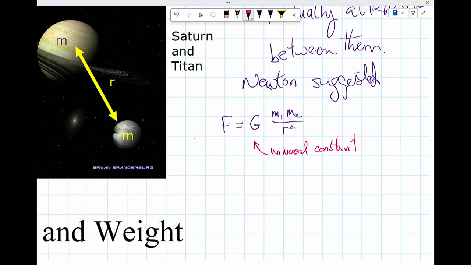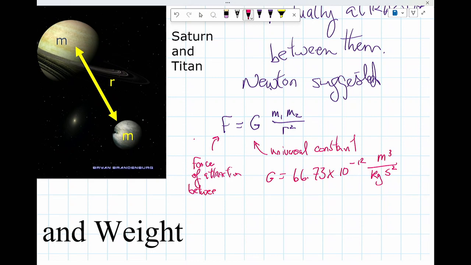So G is a universal constant, and it has a value of 66.73 times 10 to the minus 12th meters cubed per kilogram second squared. You're really trying to come up with a relationship for the force of attraction between bodies.